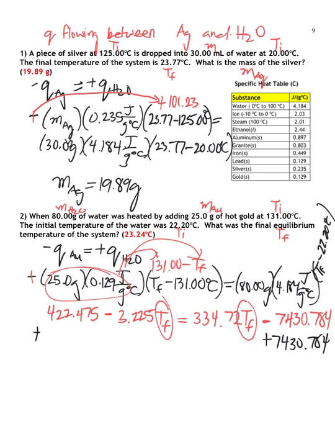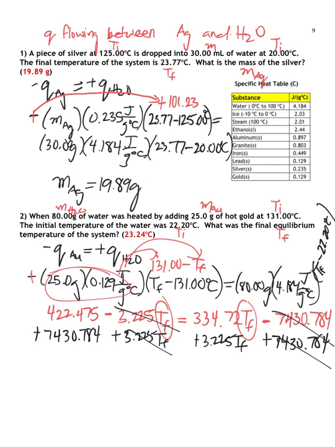So I'm going to add 7,430.784 on both sides. And then I'm also going to add 3.225 TF on both sides as well. This zeroes this out, this zeroes this out, and so I'm left with adding all my values together.